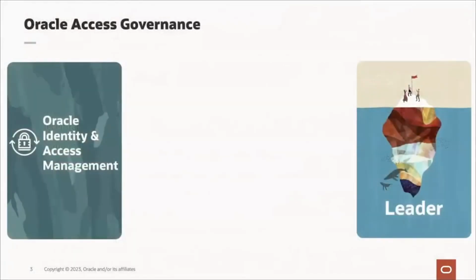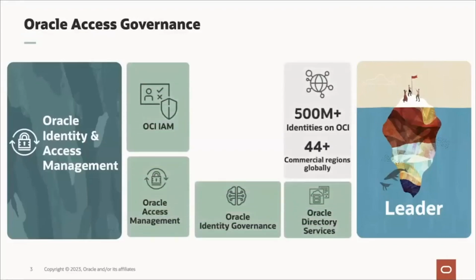Oracle has been addressing these challenges for a long time. We've been a leader in identity and access management for over two decades, and we continue to invest in this space. We have grown organically and inorganically, so our solutions are comprehensive, whether on the enterprise stack or the cloud stack.